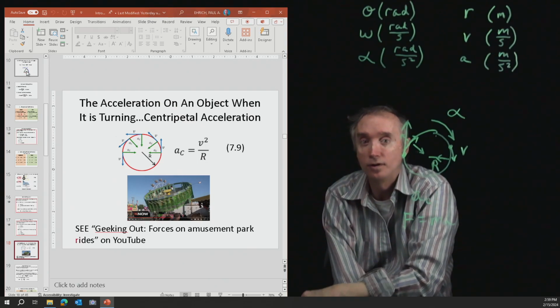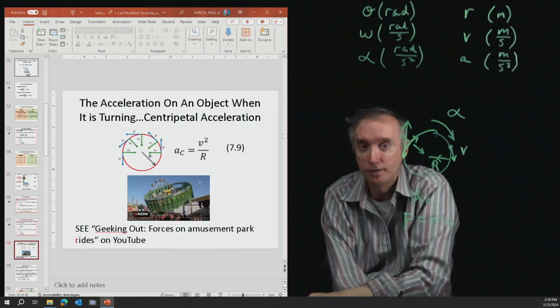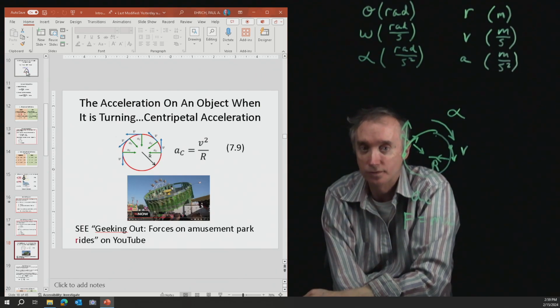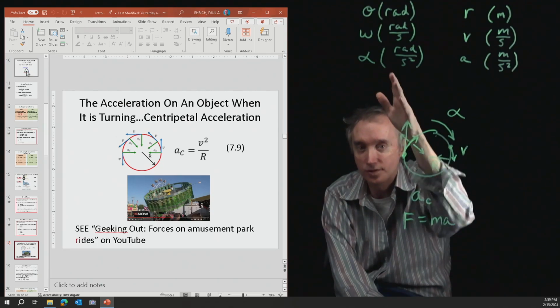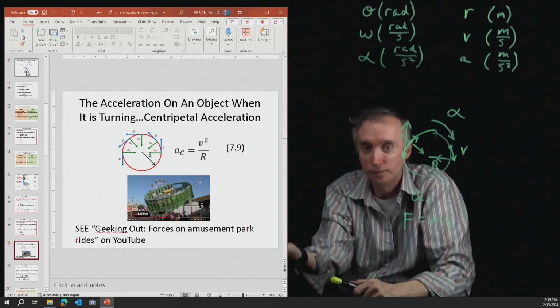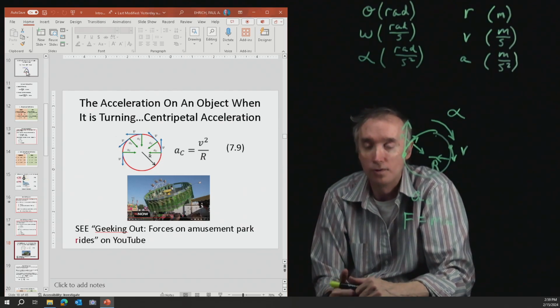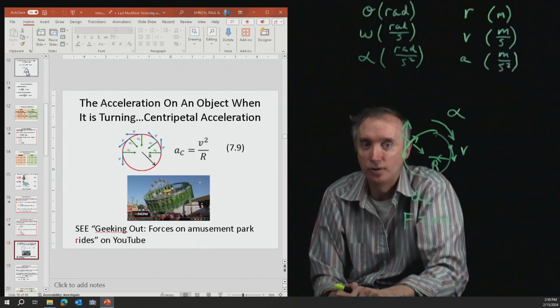Therefore the people inside that amusement park ride experience a centripetal force that pins them against the wall. That force can be so strong that it keeps them from sliding down the wall, and they could even drop the bottom out from underneath them and they would remain pinned to the wall because of that centripetal force. Okay, let's do a calculation.